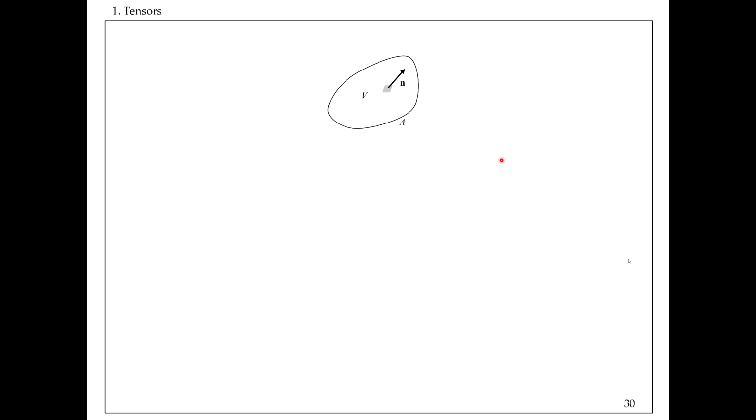Then writing the divergence theorem for some scalar function y of x in 3 dimensions, right? This will be written like this without really proving it, because that was already done for you in calculus.